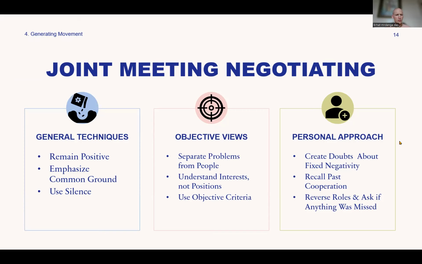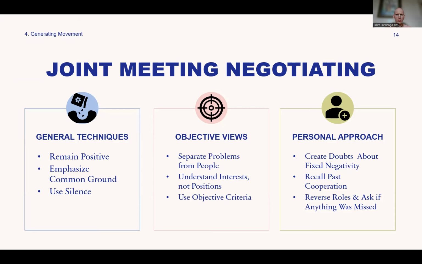When we're meeting together with both parties, here are some general techniques to keep in mind. First, the mediator needs to remain positive, and emphasize common ground whenever it pops up, and use silence. Don't be afraid.